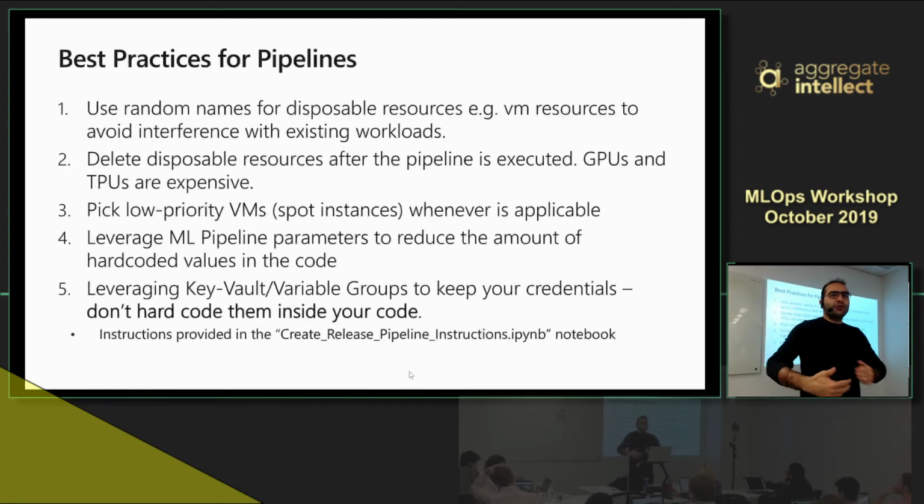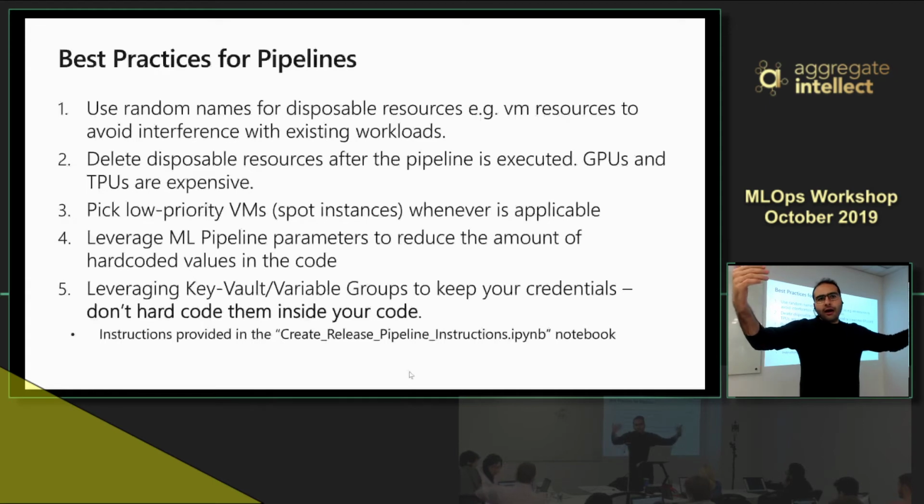Let's say the logic is the same, but you need to train 10,000 models for a 10,000-store forecast, for instance. Those 10,000 will get queued if you use only a single resource. But if you use multiple resources, you can run them on 10,000 resources and then delete them after they're done.